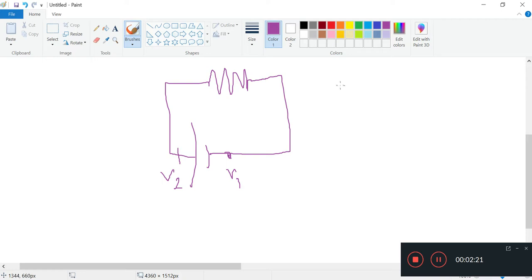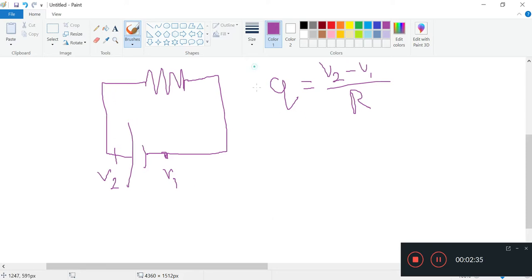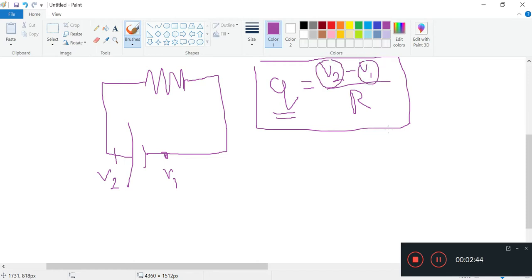So the current, which we will just conveniently name Q, is equal to V2 minus V1 over some sort of resistance. Whenever we see this sort of pattern where we can identify some kind of flow, two quantities that represent potentials, and some sort of resistance, we can use this kind of method.